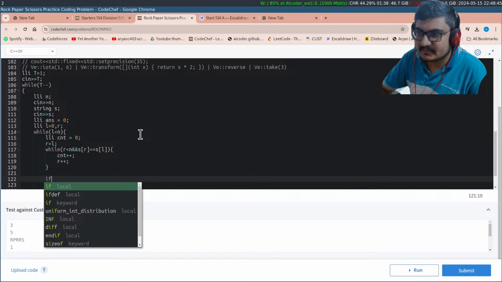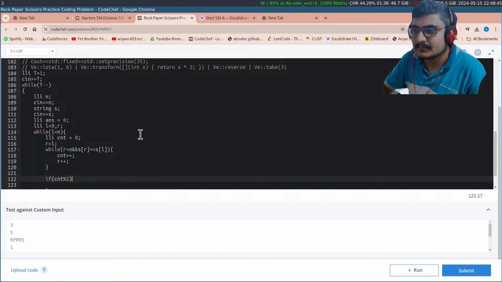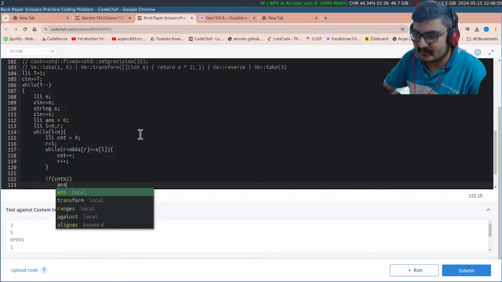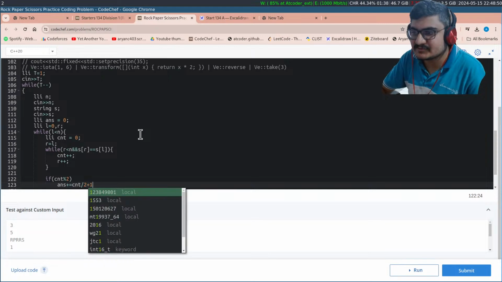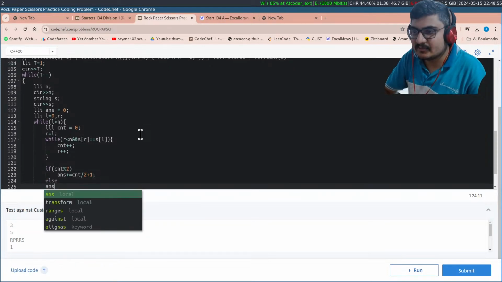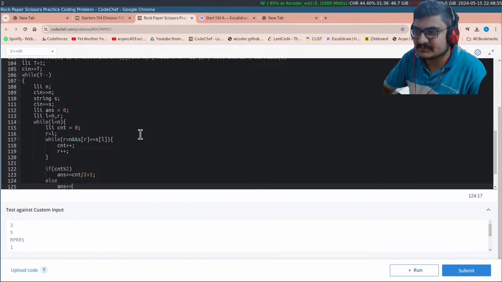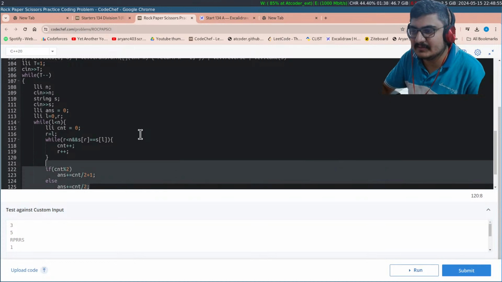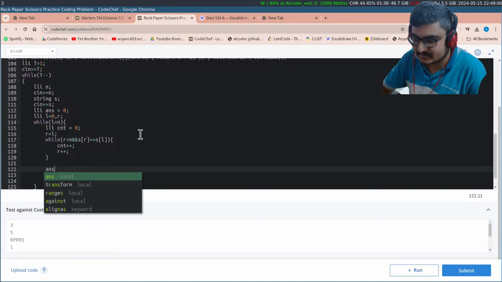If count is odd, we can do answer plus equal to count by 2 plus 1. Else we can do answer plus equal to count by 2. Or I think the default method of ceil will also work.